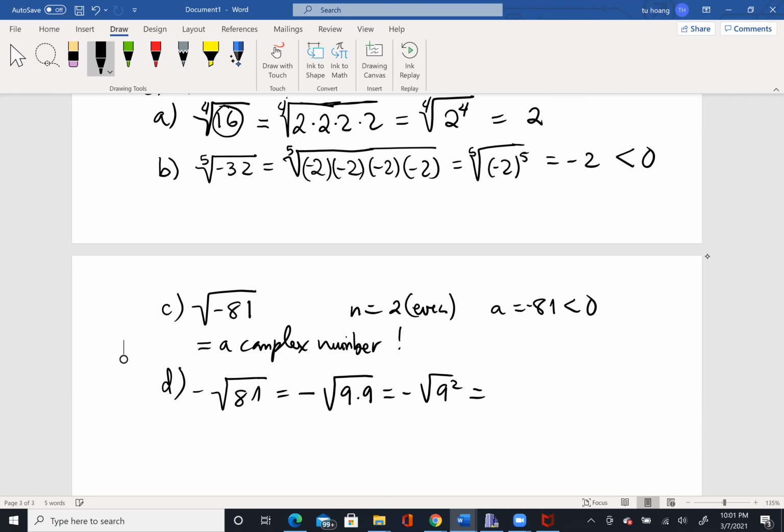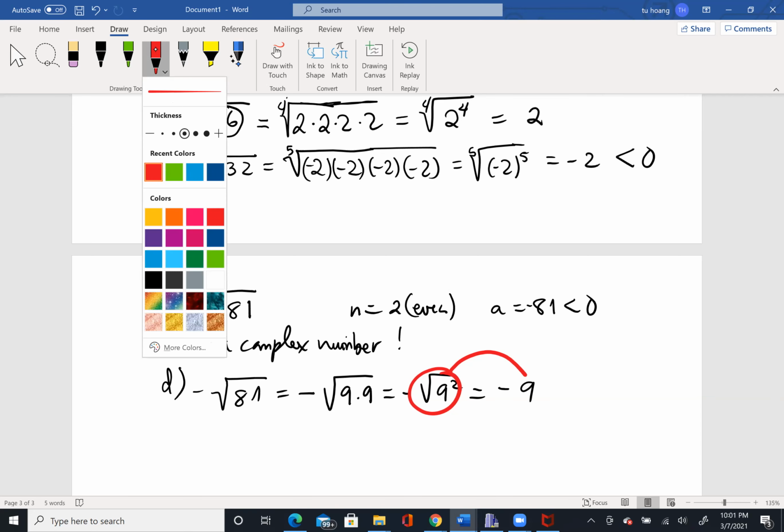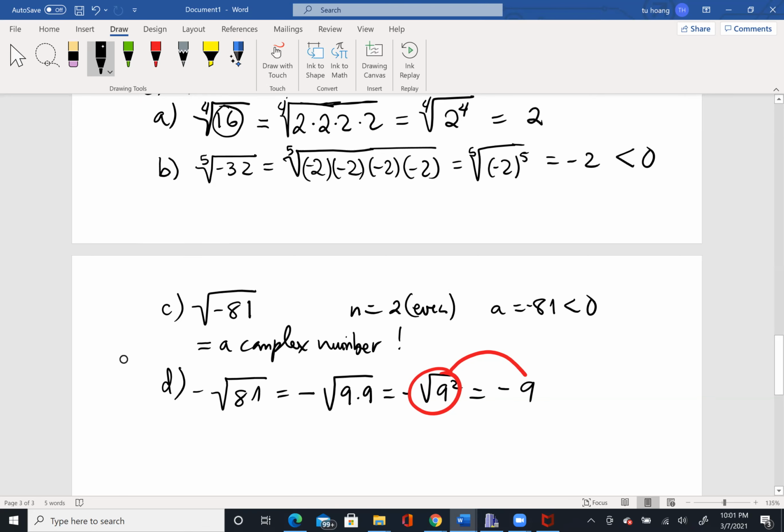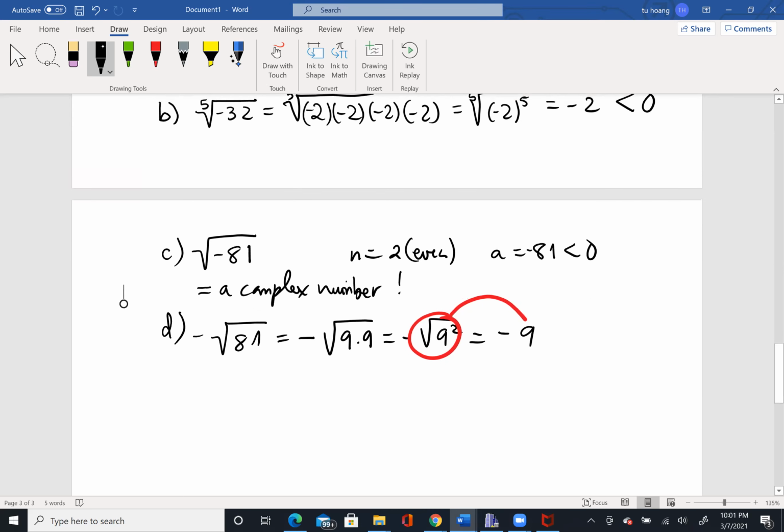You're going to have negative 9. Remember that the negative outside will stay, but the square root of 9 squared is going to be equal to 9. Just don't mess up with that, okay? So this will be the answer.